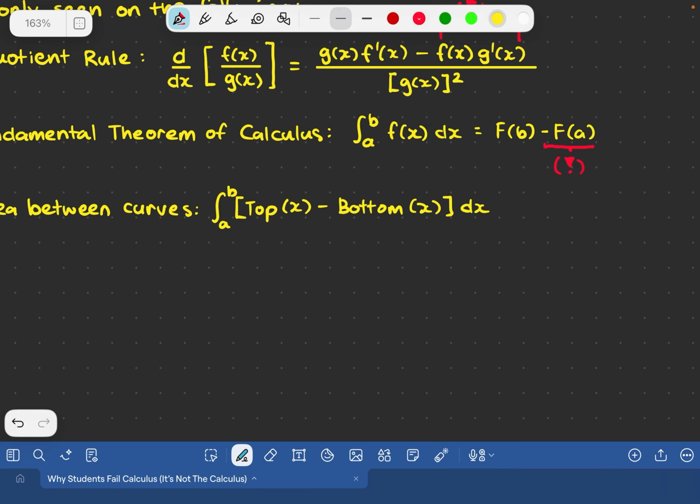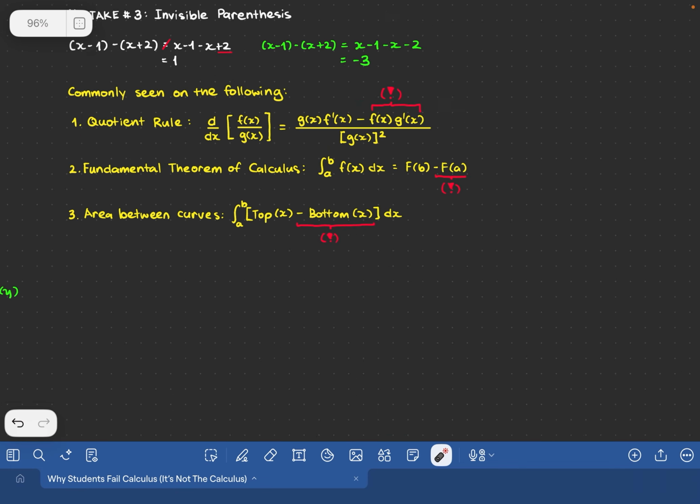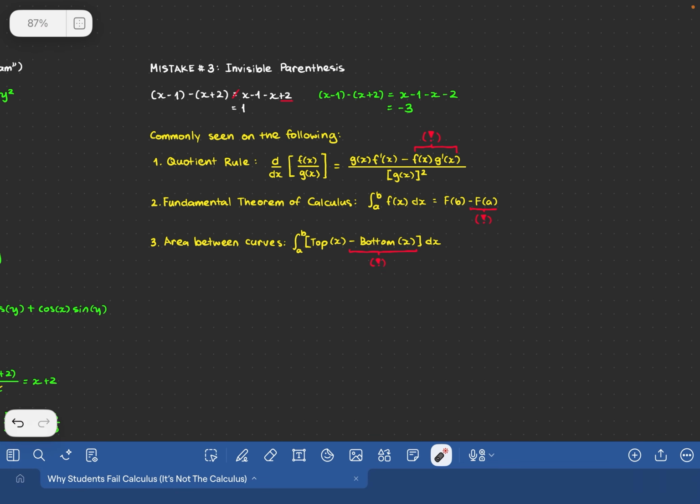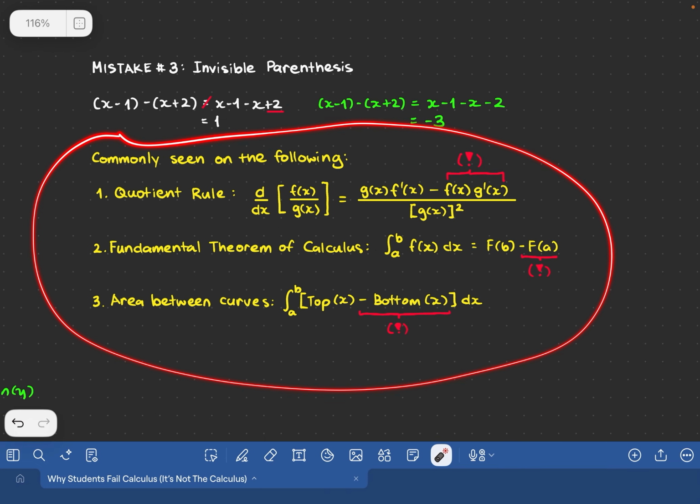So it arises out here. Of course, if you made a mistake here, that would yield a different area, so you won't get the exact area between the two curves. So yeah, these are the most common applications of this error.